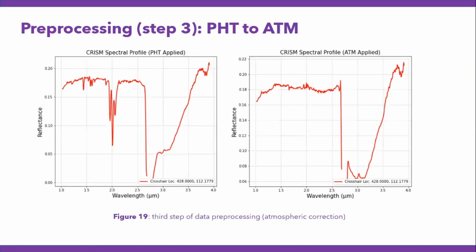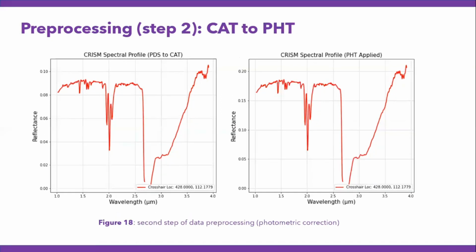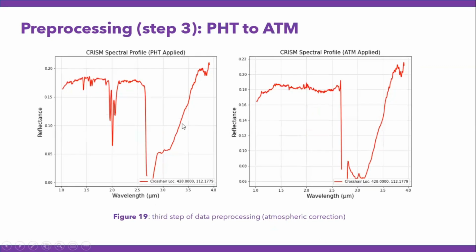So the second correction here, or maybe let's talk a little bit about this, because here we will see another change. If we take a look at the spectral profile, the amplitude of the spectra has changed from 0.08 to 0.016, I think. And then we apply atmospheric correction. And here's the challenge of our study, because everything has changed completely.